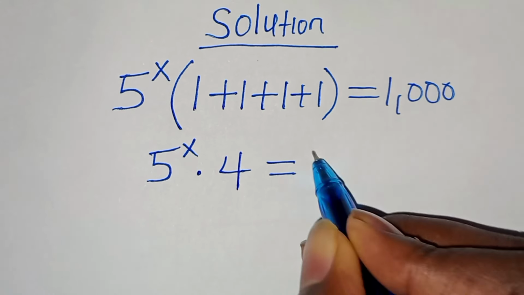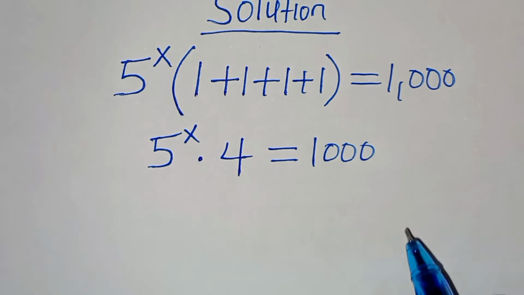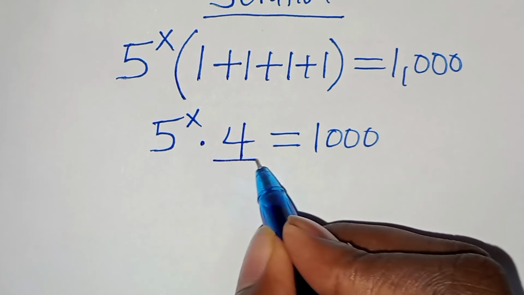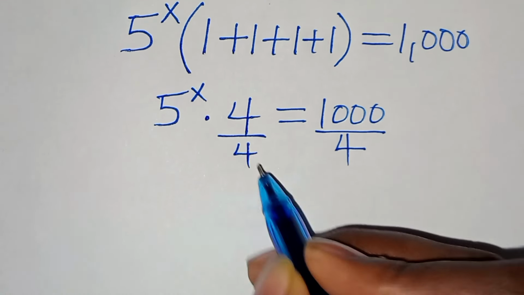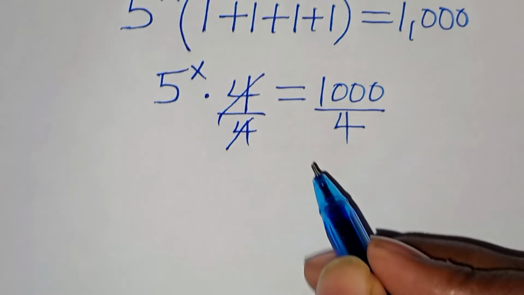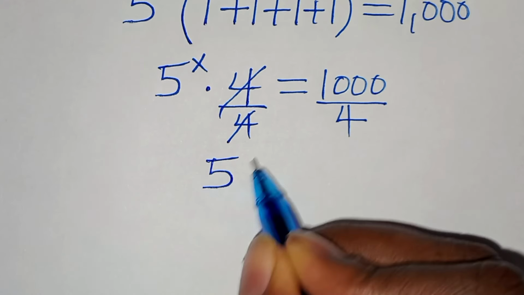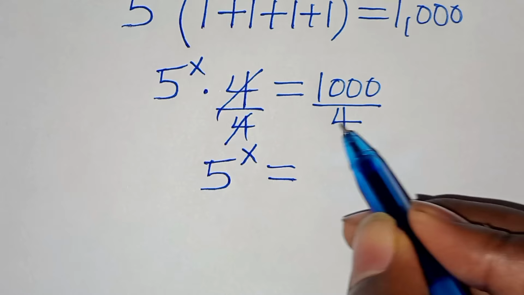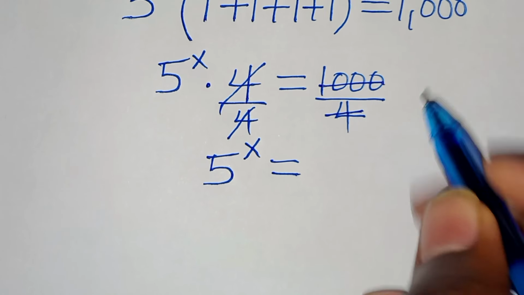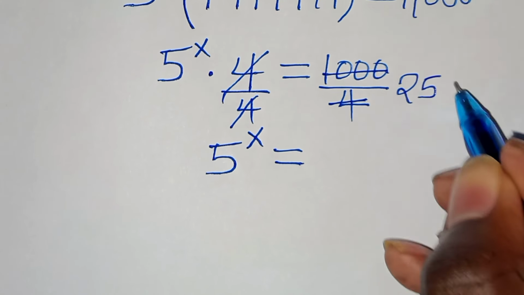This is equal to 1000. So let's divide both sides by 4, so that we have 5 to the power of x equal to 1000 divided by 4, and this is equal to 250.